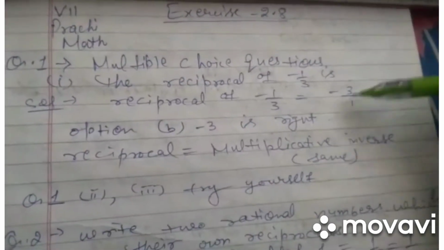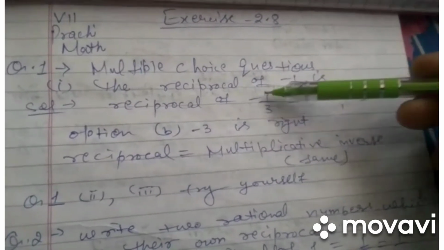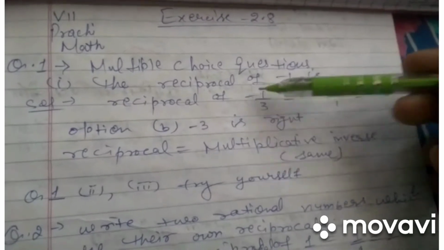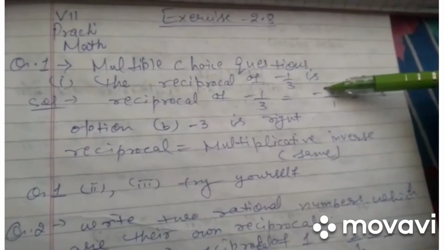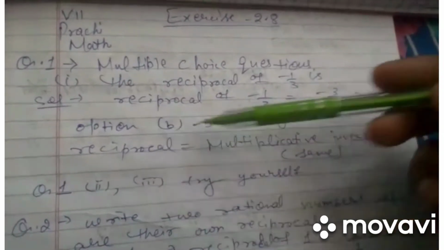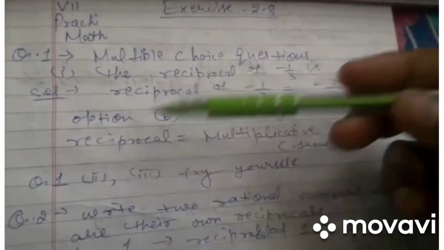So it will be minus 3 upon 1. The negative sign, even if it is with the denominator, will be considered with the numerator. So the minus sign will not be with the denominator, it will be with the numerator only. So minus 3 upon 1 can be minus 3. This is option B. It is a multiple choice question. So option B, minus 3, is right.